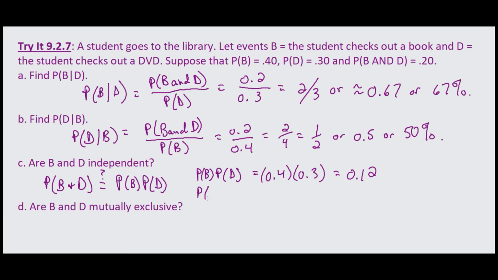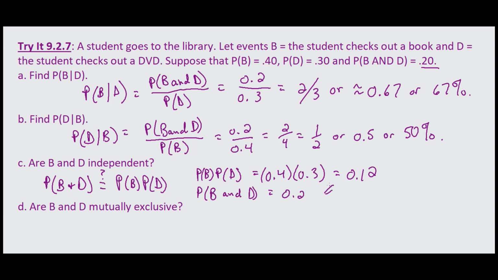But we're also given that the probability of B and D, the probability of checking out a book and checking out a DVD, equals 0.2.